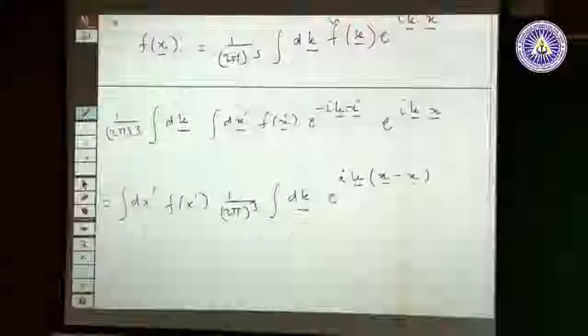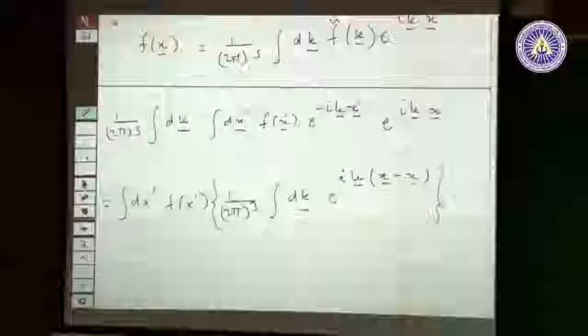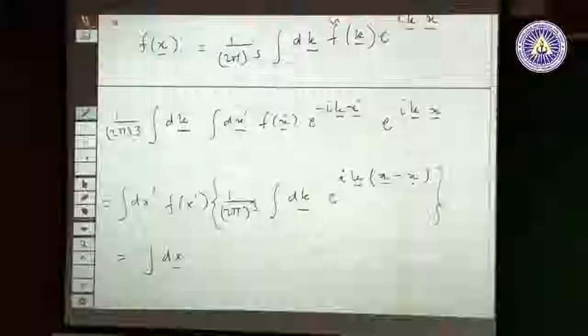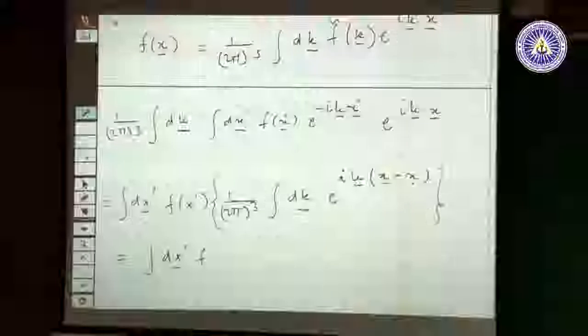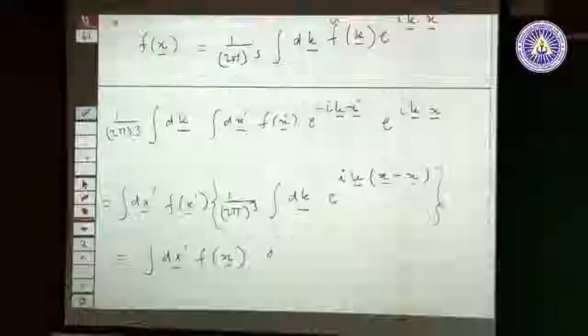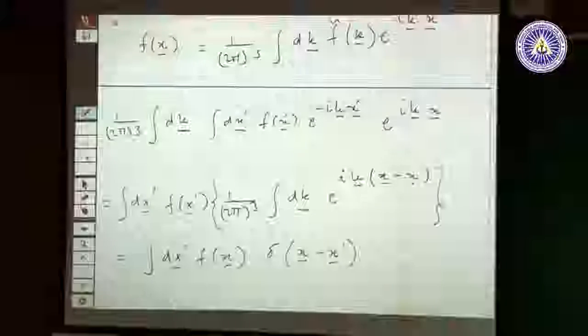Now, you recognize that this is nothing but our definition of a delta function. So, this is integral dx', and these are vectors, f(x') delta(x - x').